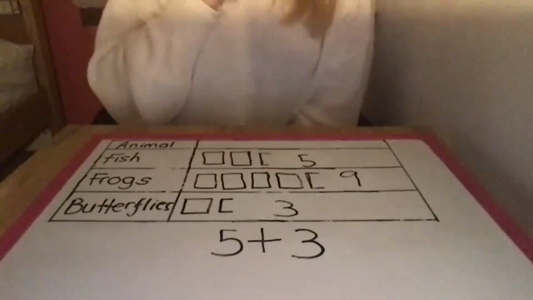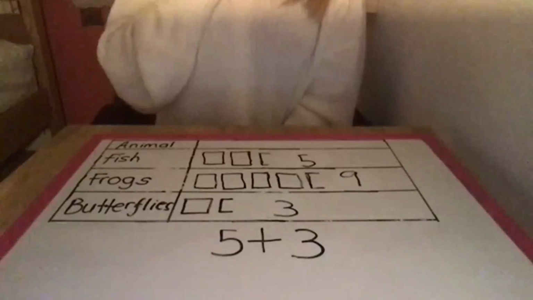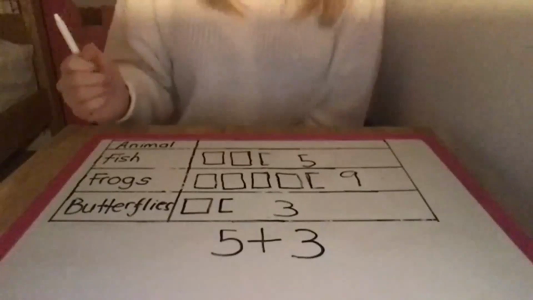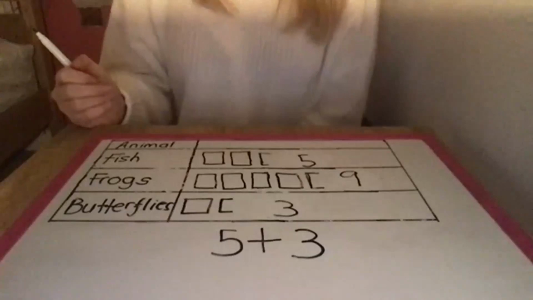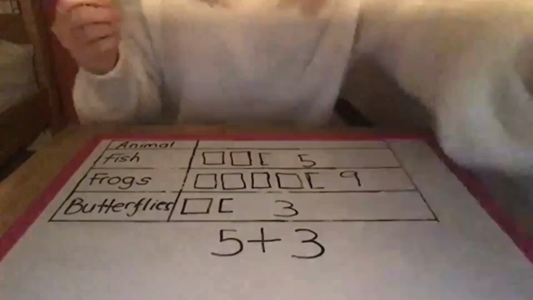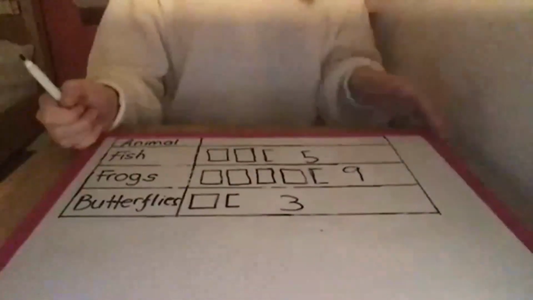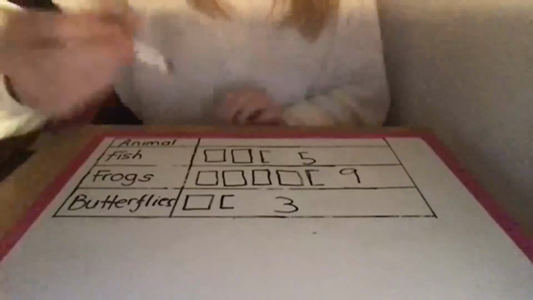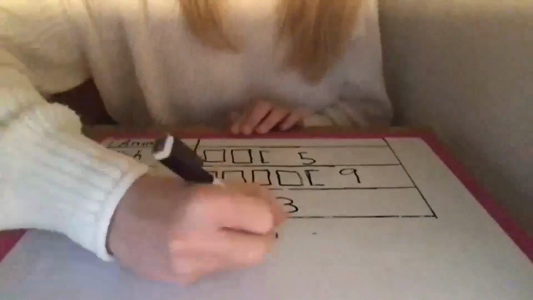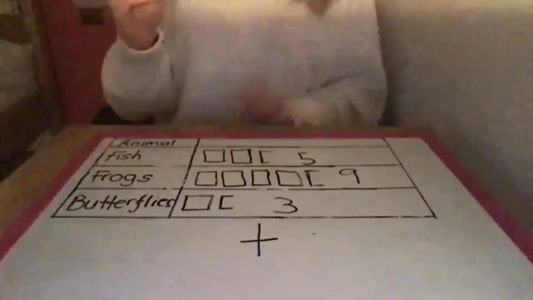Okay, so now I've got a question for you. How many frogs and butterflies did he see all together? Pause the video now and see if you can work it out. Okay, Year 2, so let me get rid of my number sentence. And I asked, how many frogs and butterflies did he see all together? Remember, when we work out all together, we're working out the total. So we're going to do an addition.